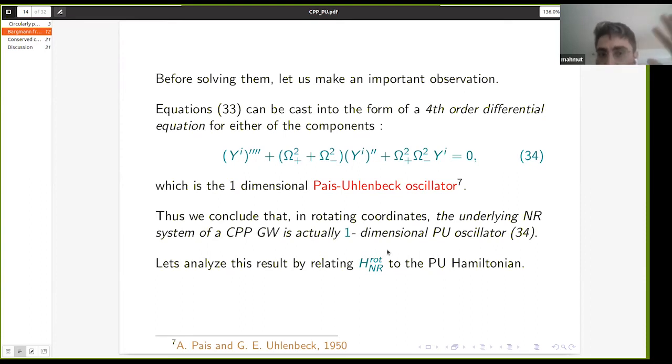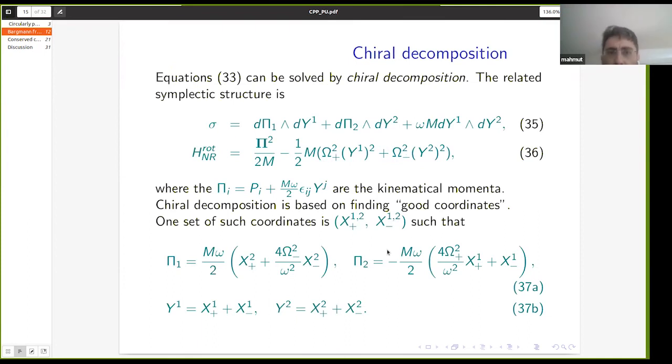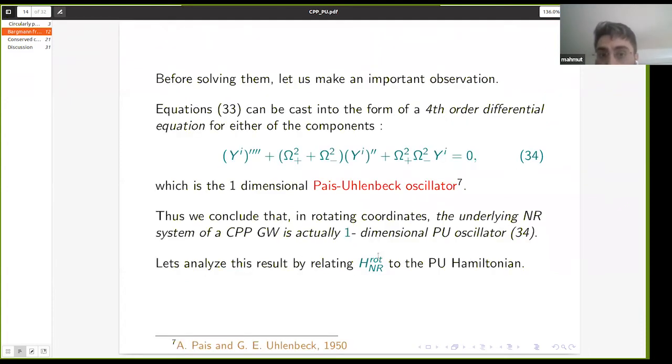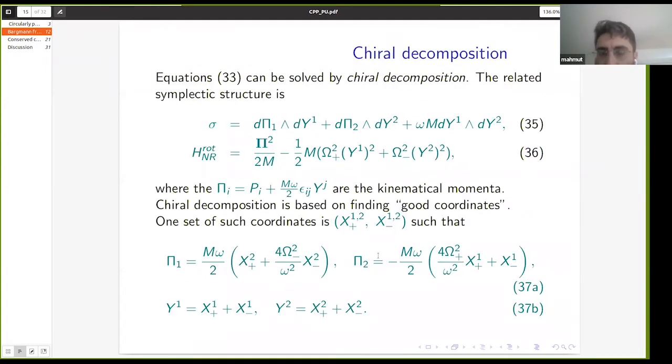Let's do this analysis in the Hamiltonian space. I will be a bit more quick now, I need to probably finish. These equations can be generated with a symplectic structure, right? It's a symplectic manifold now, if the mathematicians like it.